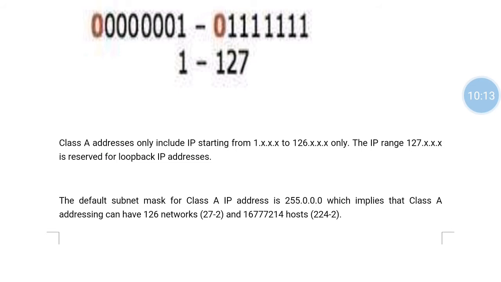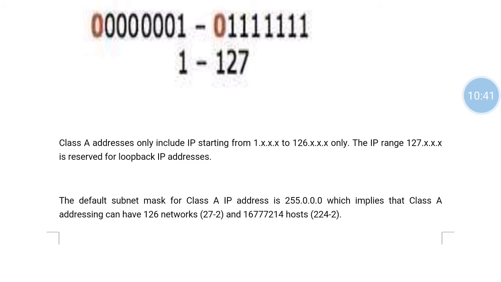Now, what is a subnet mask and why do we use it? In an IP address, the subnet mask is used by the TCP/IP protocol to determine whether a host is on a local subnet or a remote network.